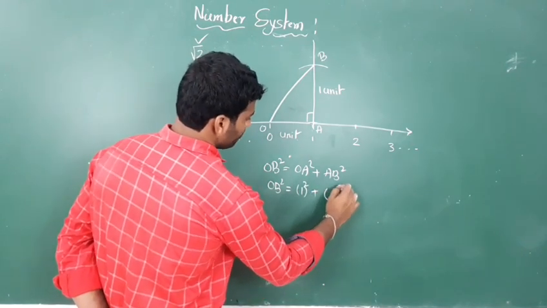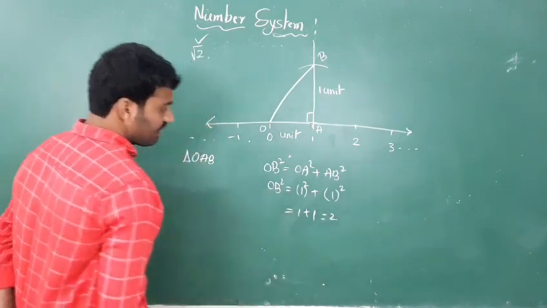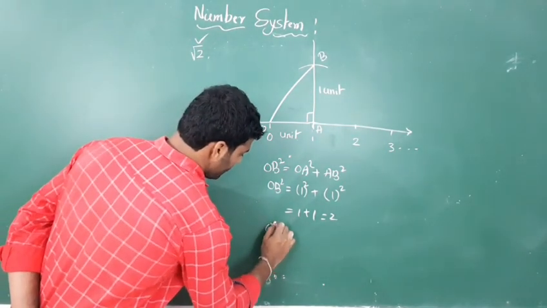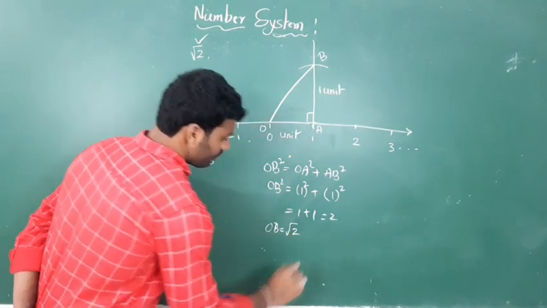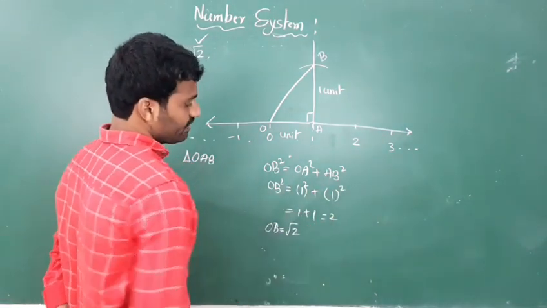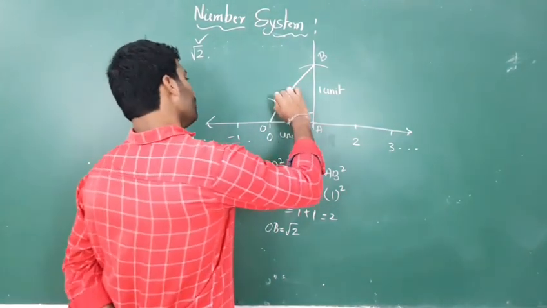AB also 1 square, so 1 plus 1 is equal to 2. I want OB, not OB square. So what I have to do? OB is equal to square root of 2. The square on the right hand side will become square root. So OB value is root 2.